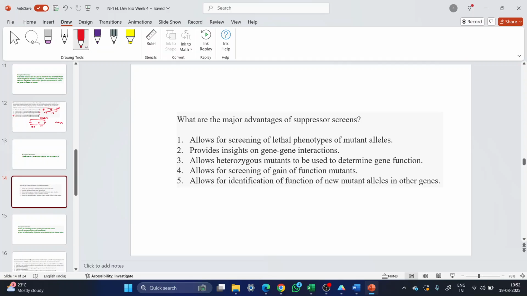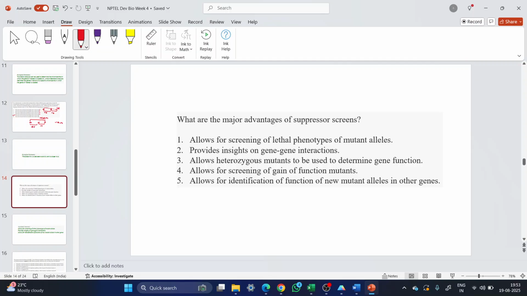A suppressor screen is basically a genetic screen in which the researcher starts with a known mutant, meaning a mutant which has a clear phenotype, and then looks for second site mutations that suppress the original mutant phenotype. Basically they look for side mutations that suppress, reduce or eliminate the original mutant phenotype.